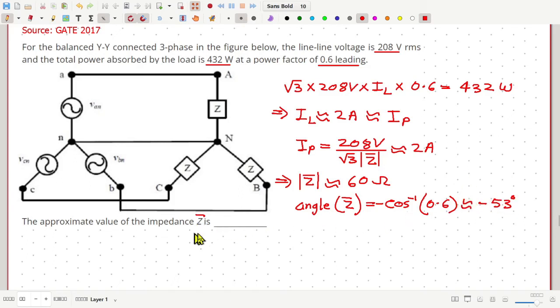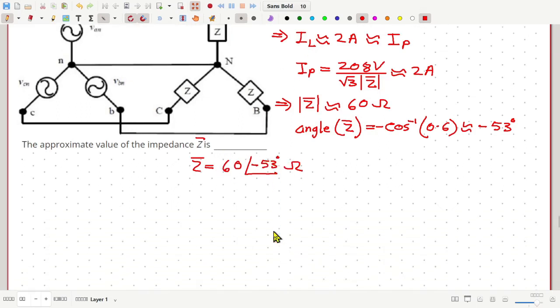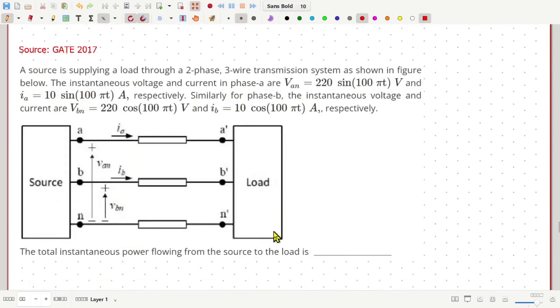So therefore Z can be written as 60 with an angle of minus 53 ohm. That is the answer, and let's move to another question.